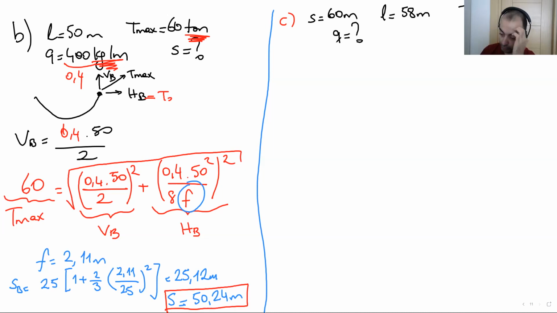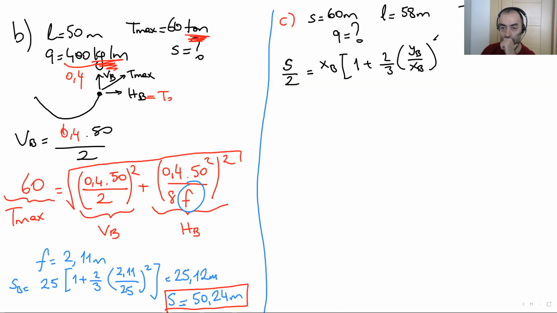The magnitude of the uniform distributed load. So we know S. Remember, S over 2 equals XB plus YB over XB.